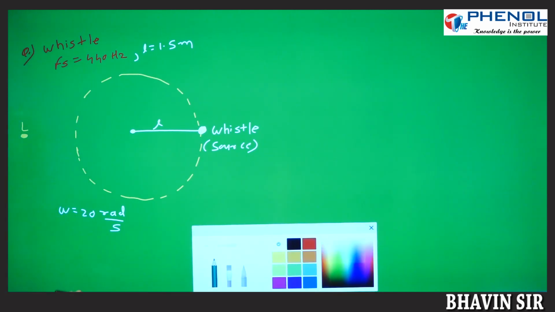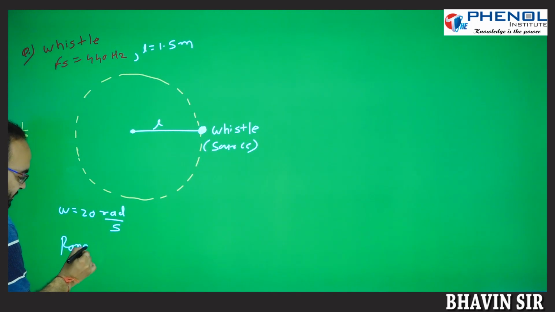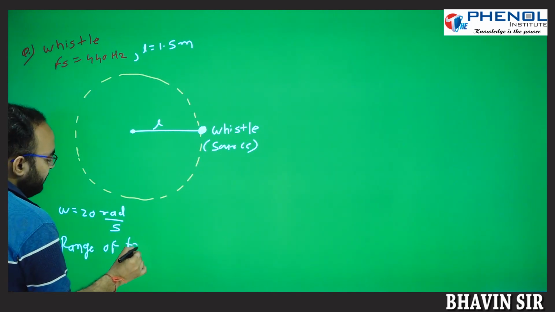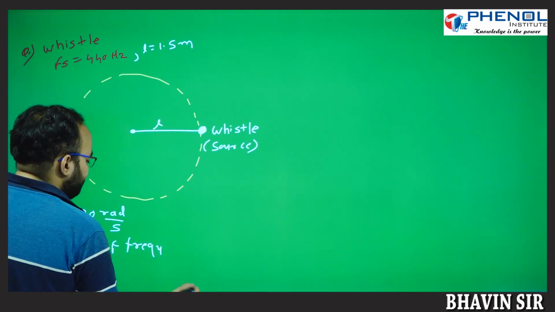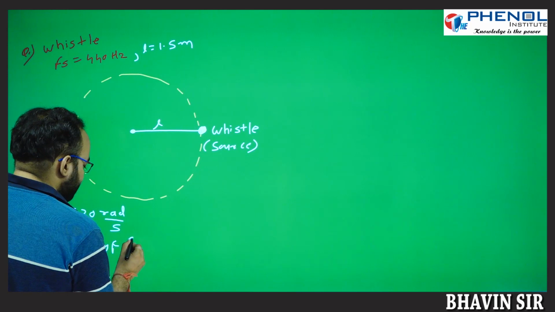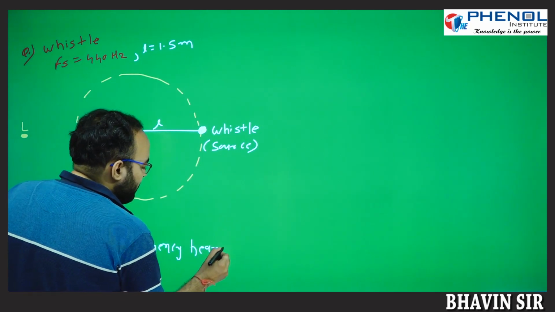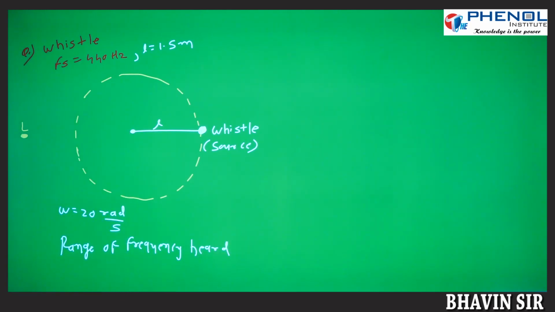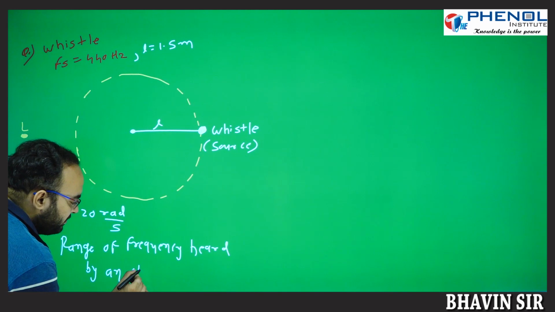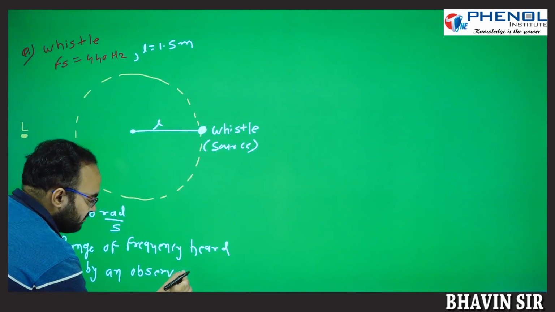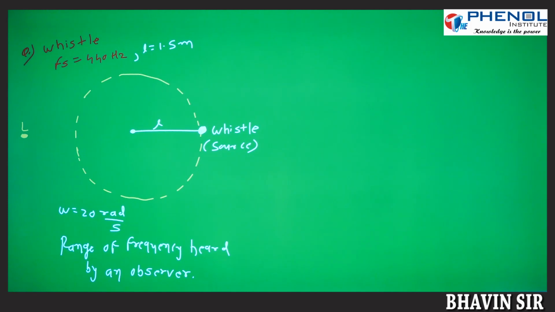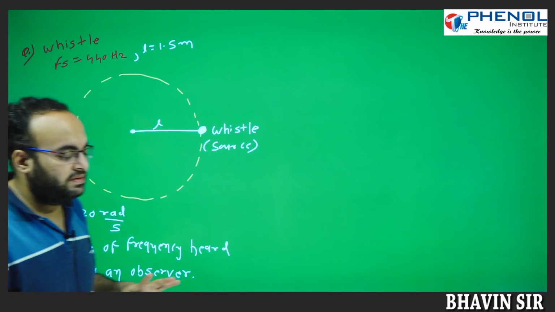The observer is stationary, students, so its speed is 0. Now we consider 4 different cases.